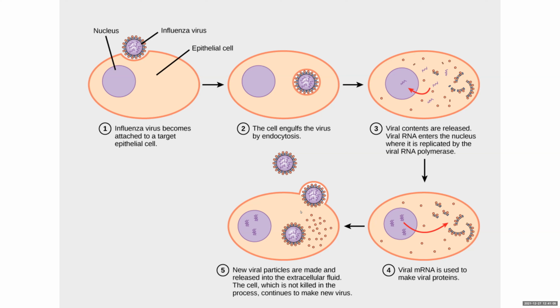And then the process that this influenza virus leaves the cell is called budding, and it uses the cell's own sort of exocytosis process in order to leave the cell. So the cell isn't killed by this and can continue to make new virus, right? So this is one strategy, and different viruses have these different strategies.